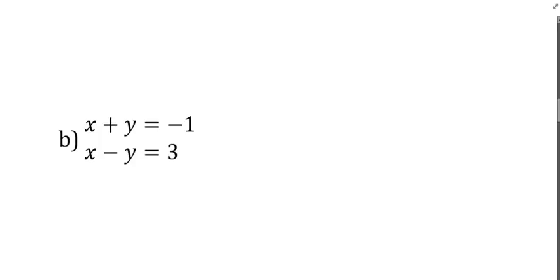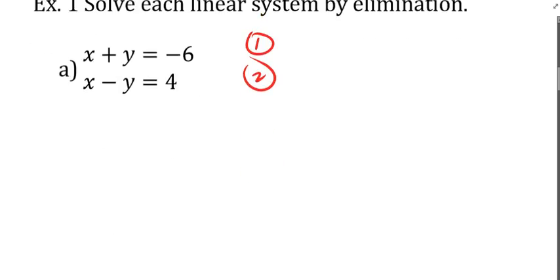Does that make sense? So again, this one's set up properly. It's in the right order: X, y equals number, x, y equals number. And our first example, same thing. 1 and 1, or 1 and -1. So it's already set up for us, so we skip step 2. But even today, you do have to think about the coefficients and look at them. Does that make sense?